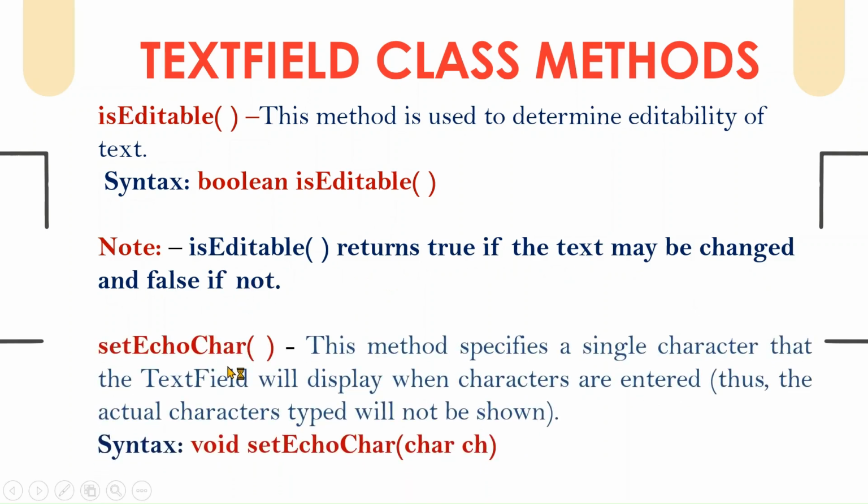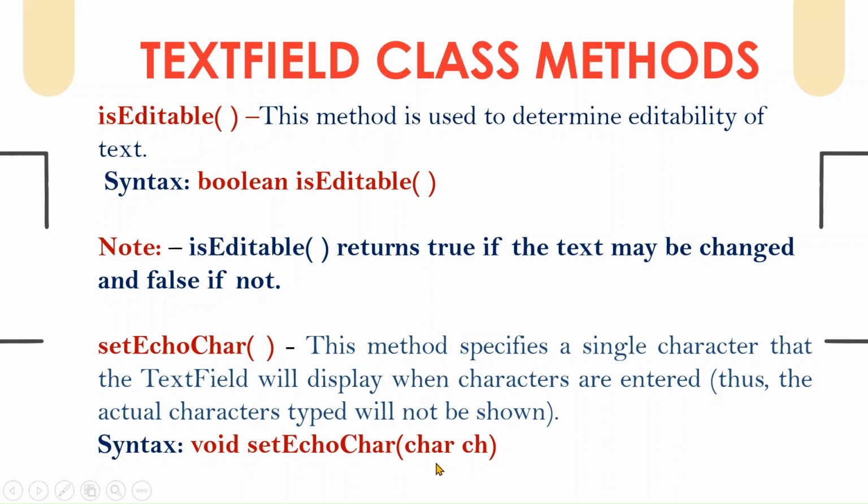Now we have the setEchoChar method. This method specifies a single character that the text field will display when characters are entered. Thus, the actual characters typed will not be shown. Whenever you type a password, the characters are hidden. For that purpose, we can use the setEchoChar method, and you specify the character you want to display. Suppose I put a question mark here, for every character you type, you will see only a question mark in the text box.